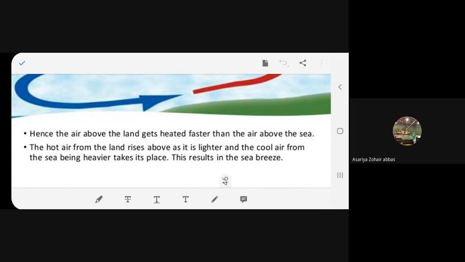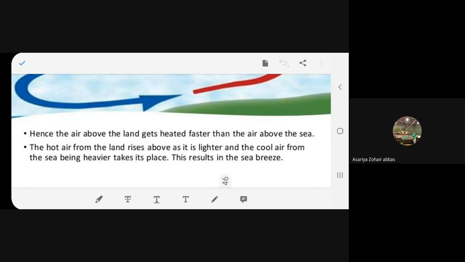The hot air from the land rises up as it is lighter and the cool air from the sea, being heavier, takes its place. This results in the sea breeze. So we know that in the morning the land gets heated faster than the air above the sea.